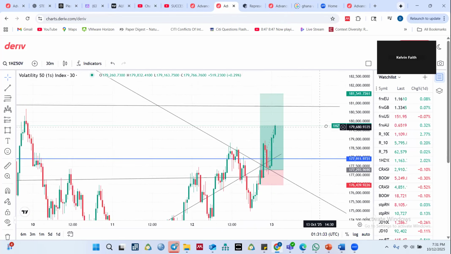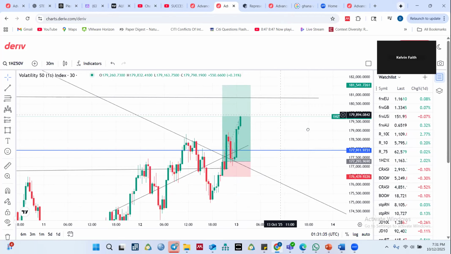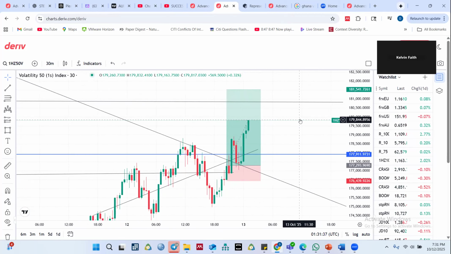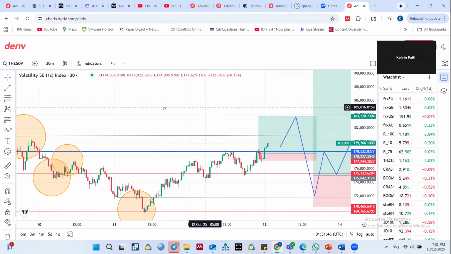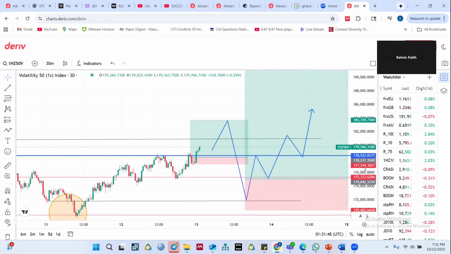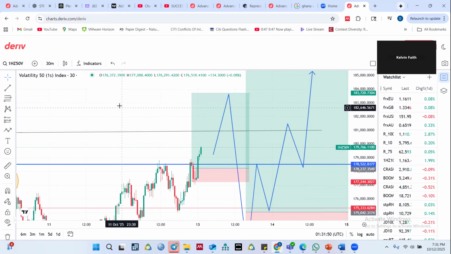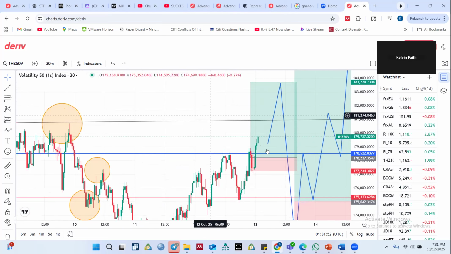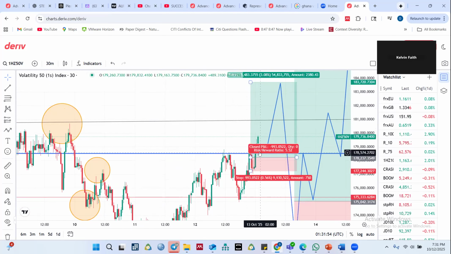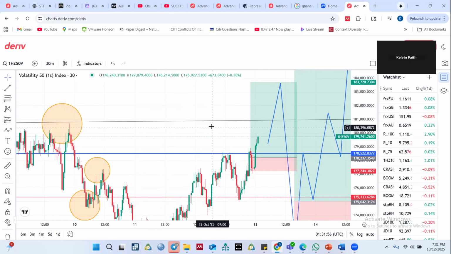So this is the 51 is pushing up more. As a matter of fact, I took the 51 trade here. It's pushing much more up. As long as it's above the blue line, it's going to keep going up.